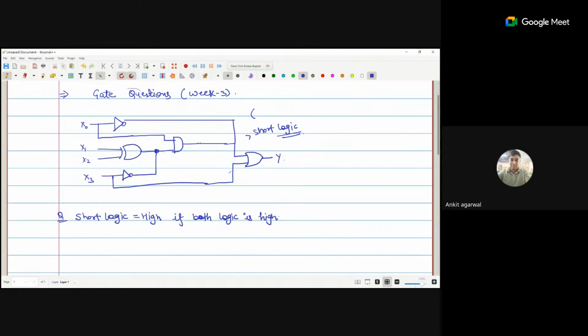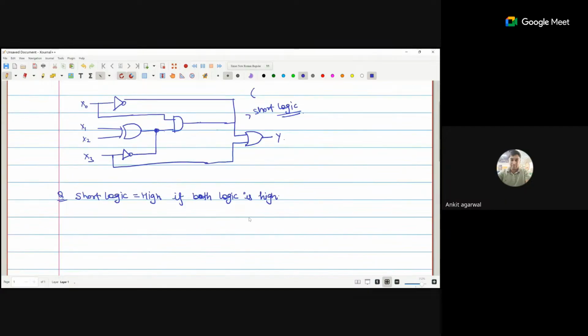Now we have to find all possible combinations when y is 1.